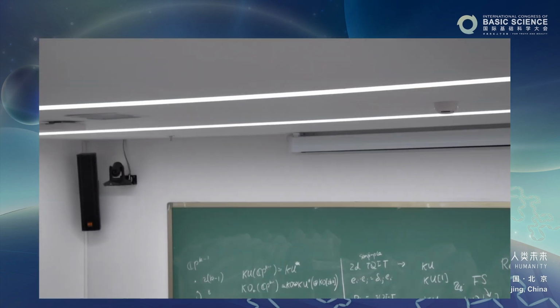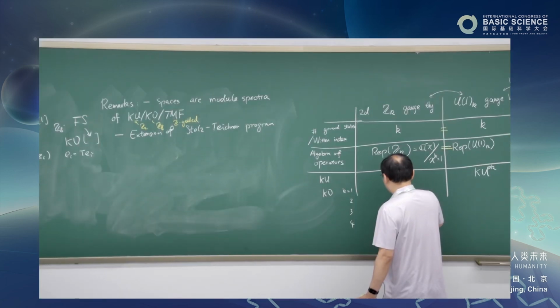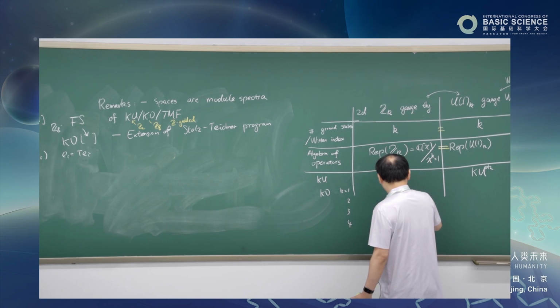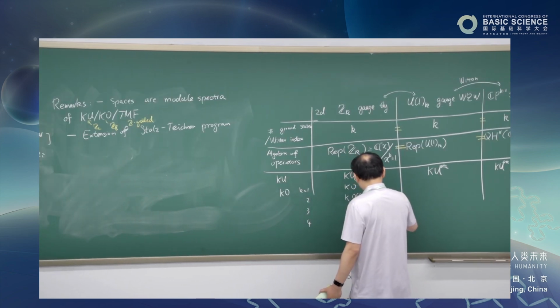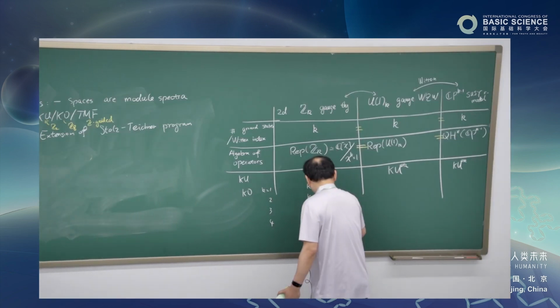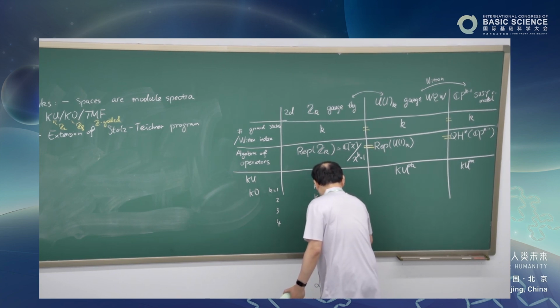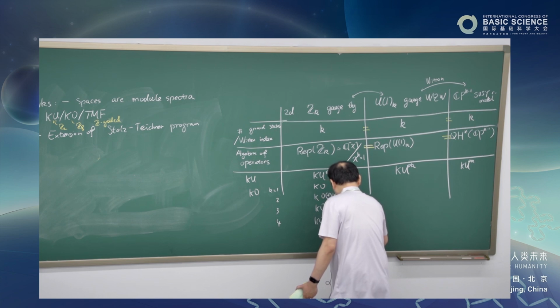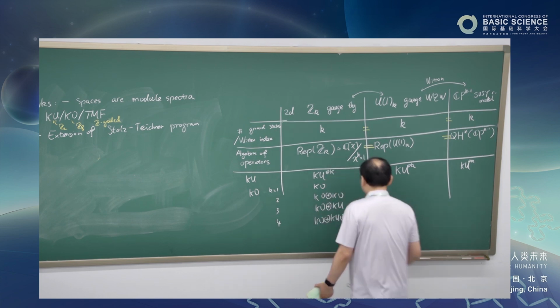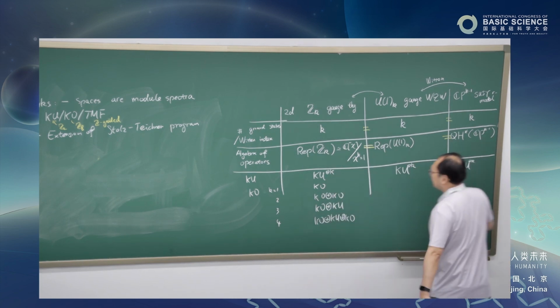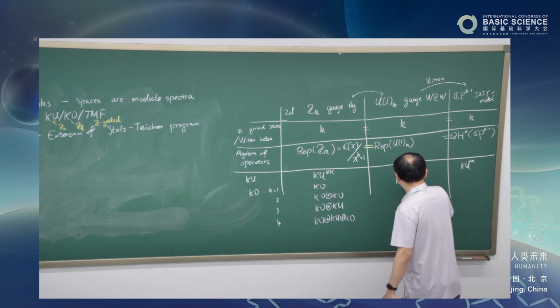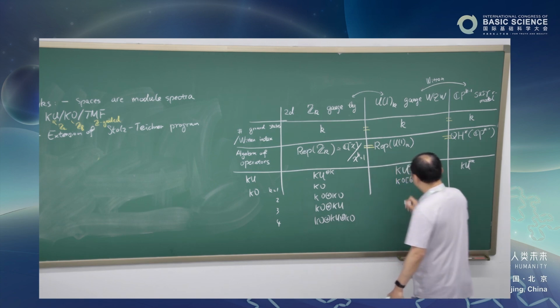So let's take K equals 1, 2, 3, 4. It will be KO, KO plus KO, KO plus KU, KO plus KU plus KO. For this, it will almost always be shifted.